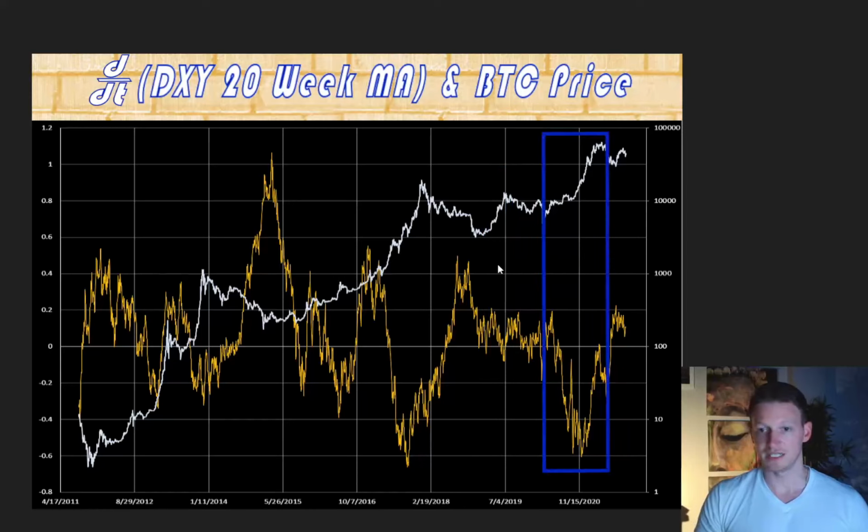So if we just keep going quickly, you guys get the point by now. DXY plummets down, drops below zero, heads down towards its bottom. As it's doing that, Bitcoin goes on its run.